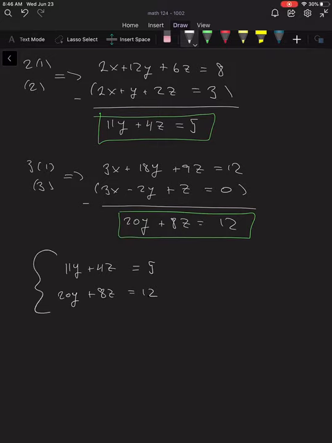We need to figure out how to solve for y and z. Notice that we have a 4 in front of this z and an 8 in front of this z. So if we multiply this by 2, it would match the other equation. So let's take 2 times this first equation, and then just rewrite the second equation.